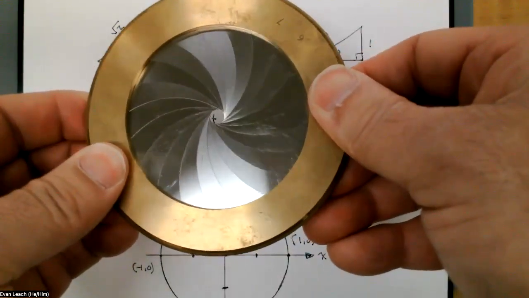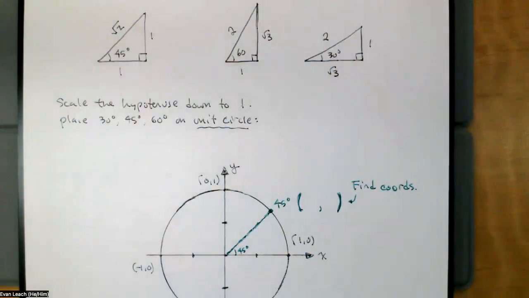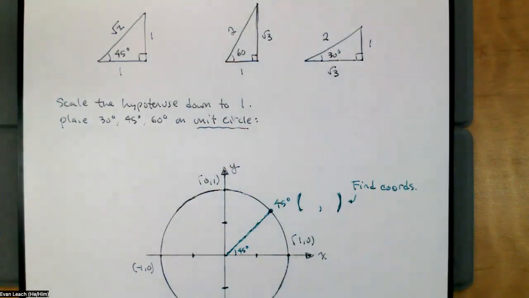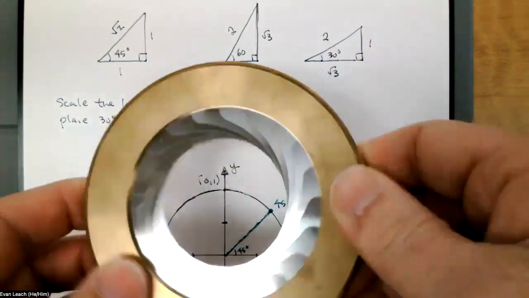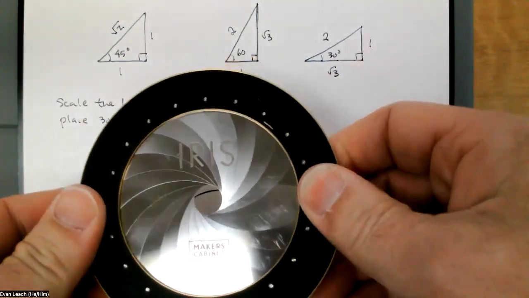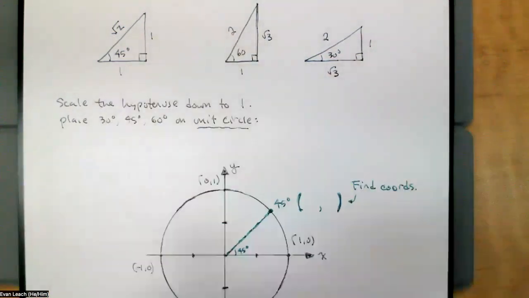It has the smallest circle I can draw, but it's a little expensive. I just got a cool drawing tool. The cool thing is that when you close it all the way, you can see it has the name on the back. Iris by Maker's Cabinet. So, not a sponsored video.